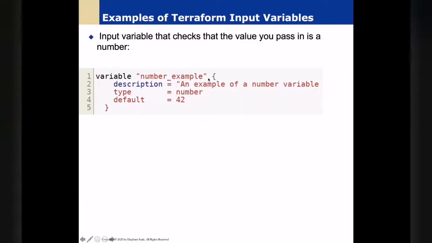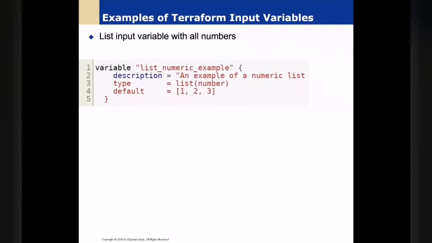I'm calling it a number example, but really it should be whatever number I need. The type is a number and the default is 42. So it will really work as the default 42 and as a type number, and it will verify that what you're giving it is the right type. That's one way to do the input variable.